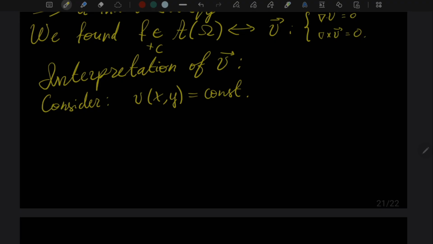Consider v equal to a constant, not on all the pairs of x and y, but we consider this as an equation of x and y. Okay, now what do we get? How could we consider the derivative of y by x? We could rewrite it using our v.